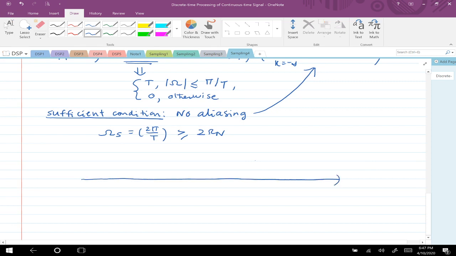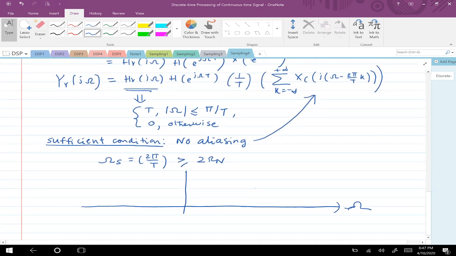You have omega here. Now let's assume this is your Xc of j omega. Simply Xc of j omega is this, but if you are trying to plot the summation of shifted versions of it, then as long as there is no aliasing, what would happen then?